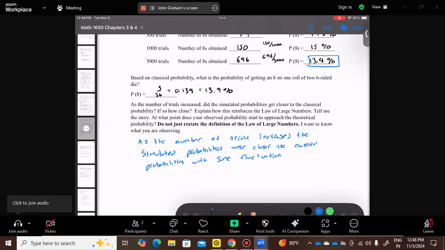No, I should say classical probability, not probabilities. The final simulation with n equaling 5,000 was right on target.